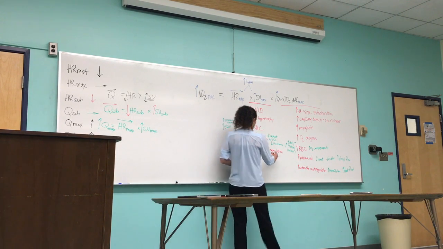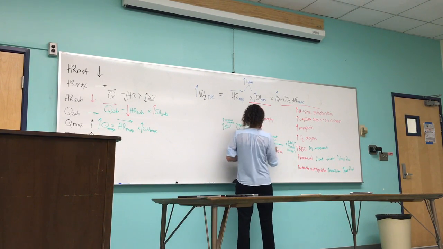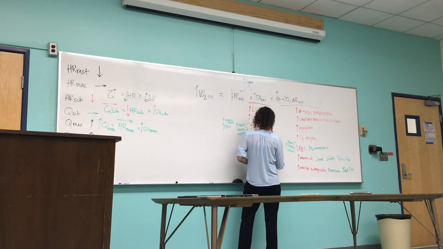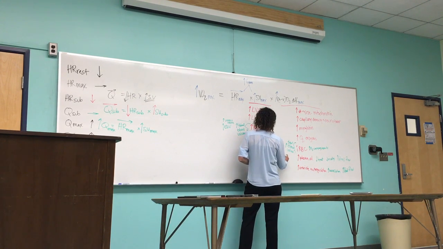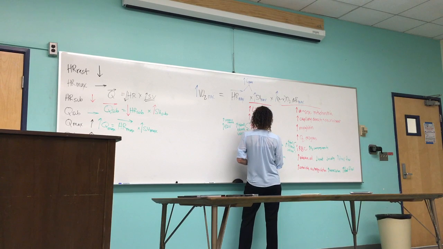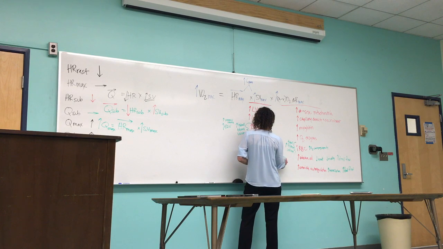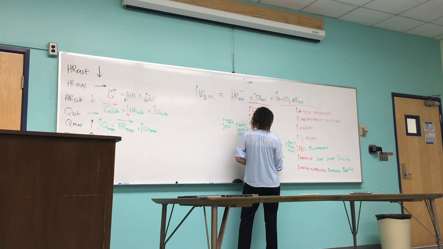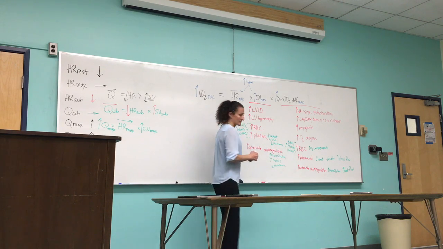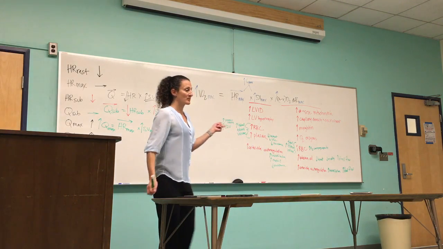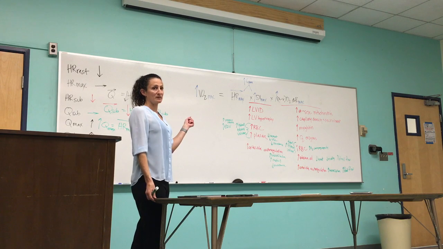Okay, so that vasodilation is going to cause what? Blood flow. Well, the blood flow is going to help us with AVO2 difference. Blood flow is not going to help us with stroke volume. So if you try to memorize this stuff, it's going to drive you insane because there's so much overlap.